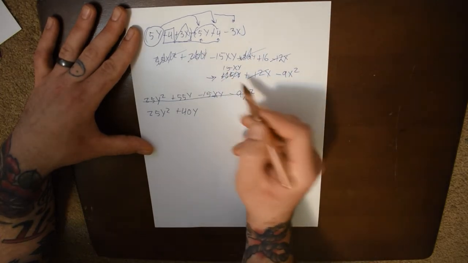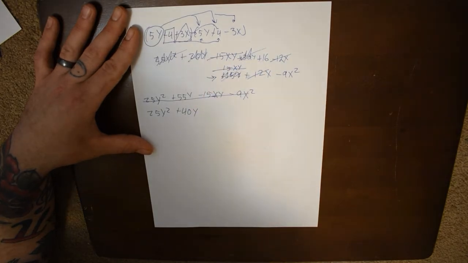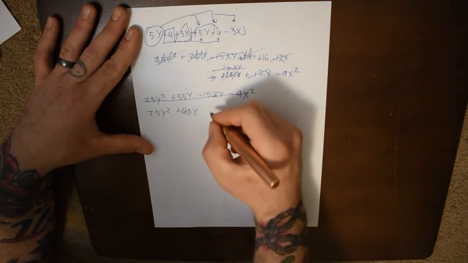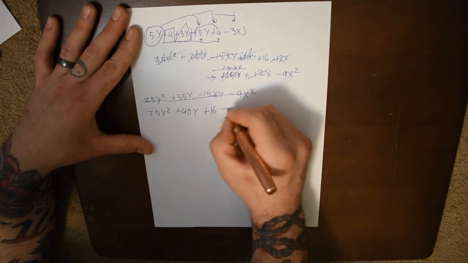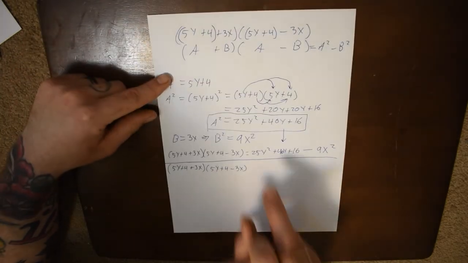We have a negative 15xy and a positive 15xy. Those are going to cancel out for no xy. We still have a positive 16 minus a 9x squared.